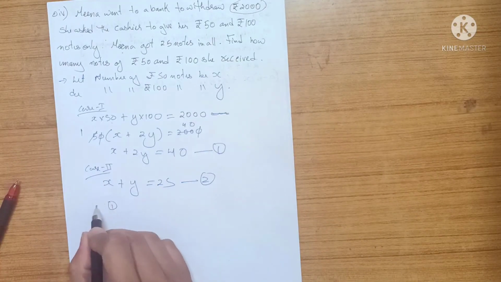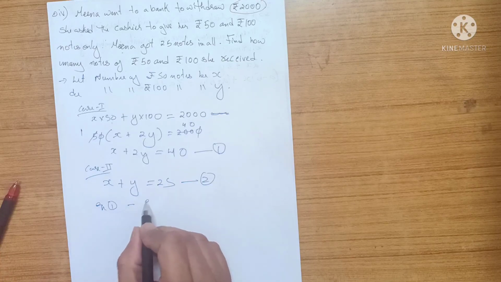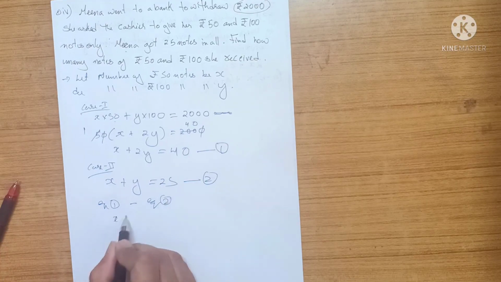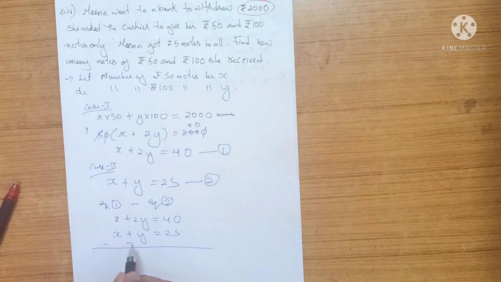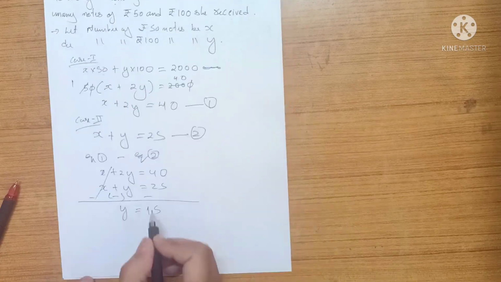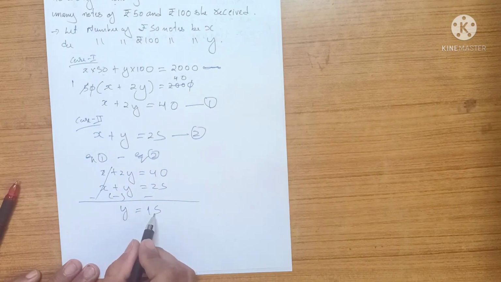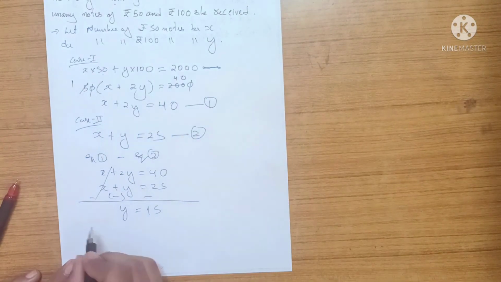So here we can do equation 1 minus equation 2. It's going to be an easy calculation. Subtract these two: this cuts off, this becomes y, this becomes 15. Then put this in equation 1 or 2, it doesn't matter.